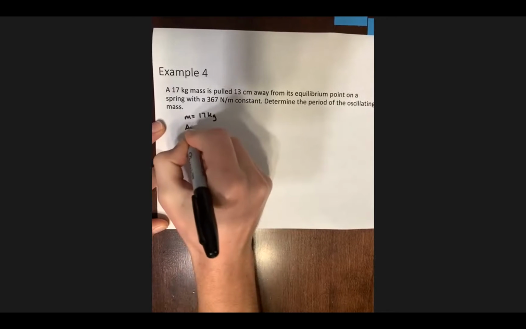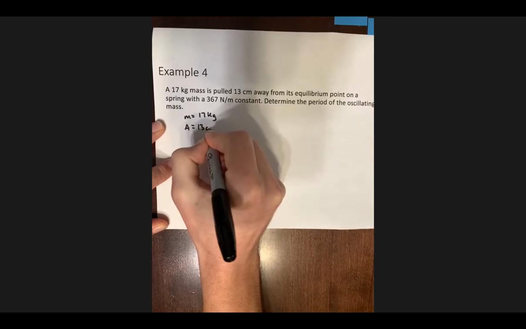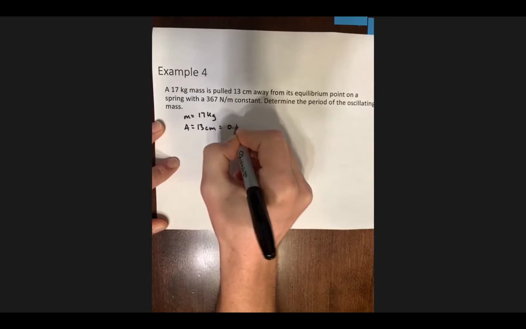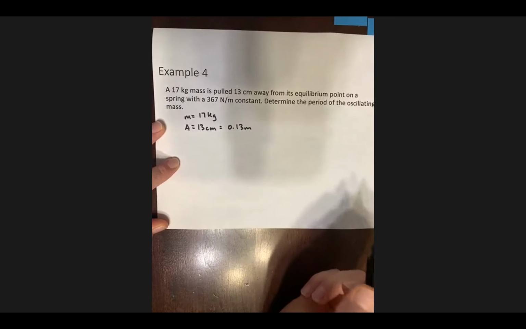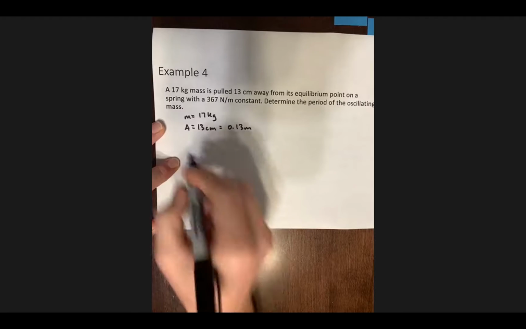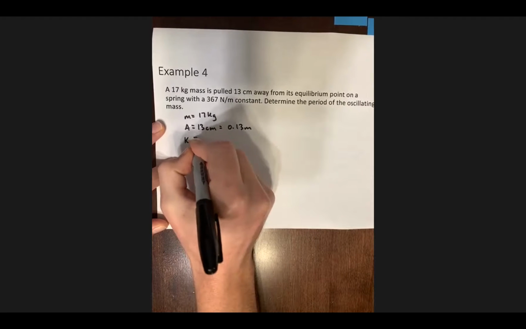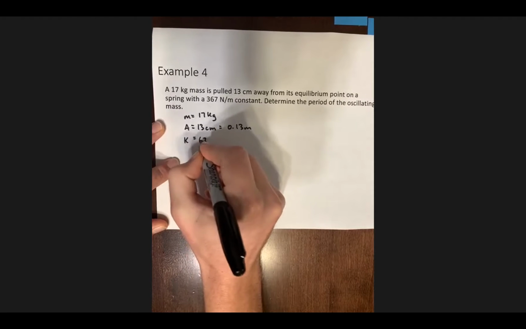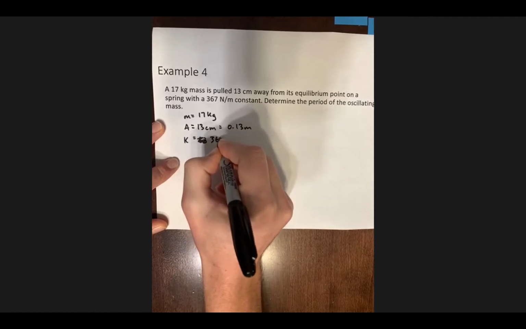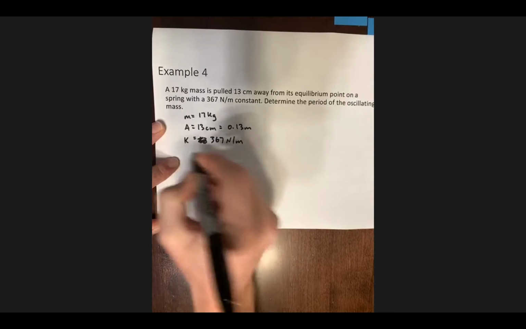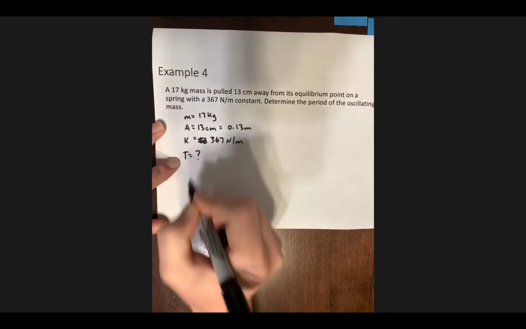The amplitude is equal to 13 centimeters, which is equal to 0.13 meters if we just divide by 100. Okay, we know the spring constant is 367 newtons per meter, and we're looking for the period.